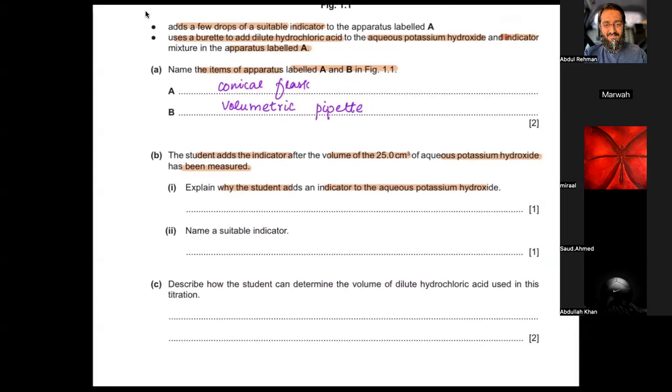To check for color change. Yeah, you are partially right, to actually observe the color change at the end of the experiment, or at the end point. Basically, we use the indicator to figure out when the end point is achieved, when the acid and the base are completely reacted with each other.